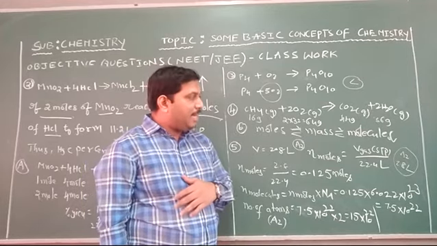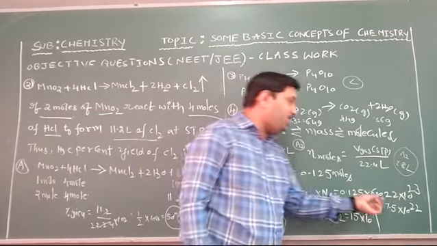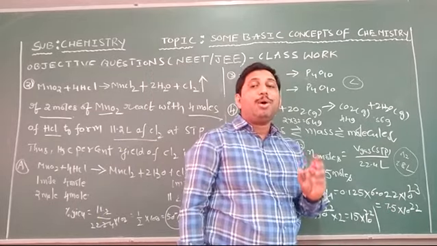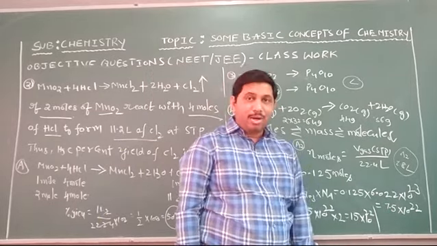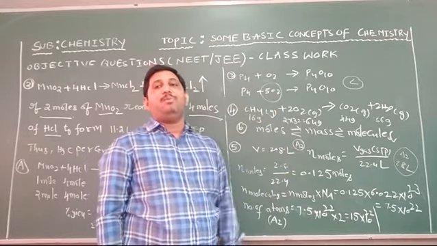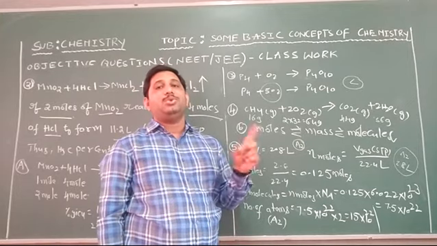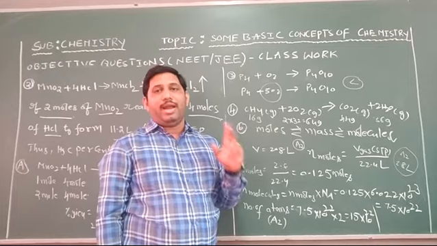Therefore, 2.8 liters of a diatomic gas A2 contains how many molecules, student? 7.5 into 10 to the power of 22 molecules are present. We know that each molecule contains 2 atoms. Why? Because diatomic means 2 atoms. 1 molecule, 2 atoms. 2 molecules, 4 atoms.